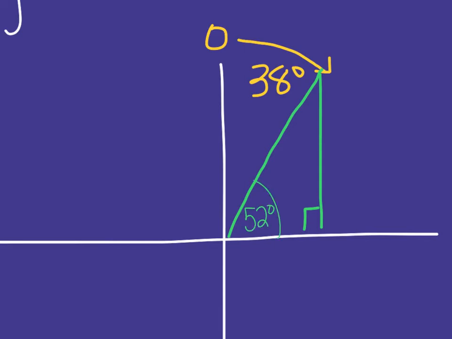The most common mistake when people create reference triangles is they just plop the 38 right in there. The 38 is actually outside, similar to a depression angle being outside. And so that would be a reference triangle created for 38 degrees.